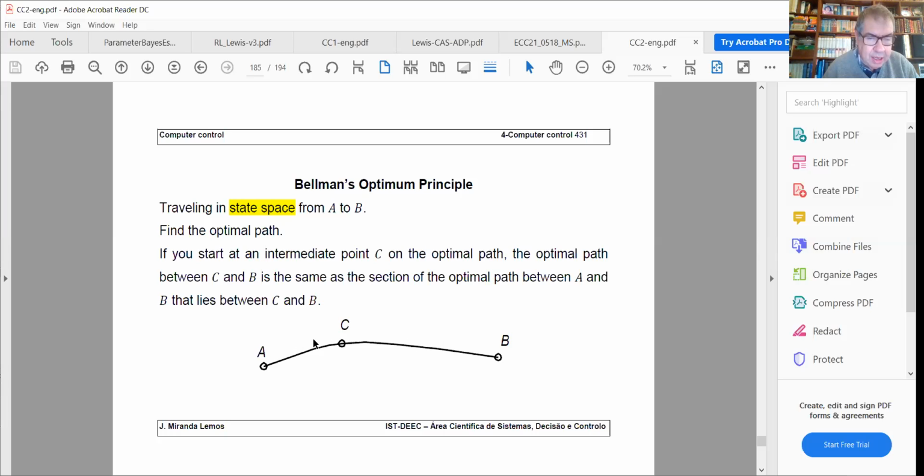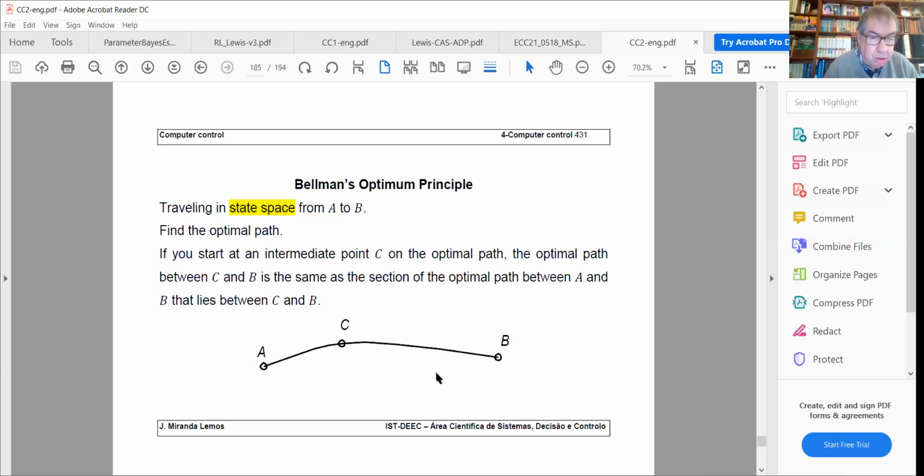So this black line indicates the path that corresponds to the smallest energy spent in going from your home at point A to Instituto Superior Técnico at point B.